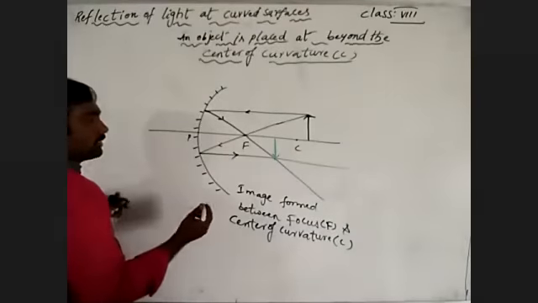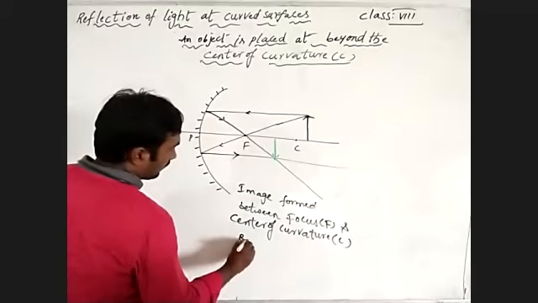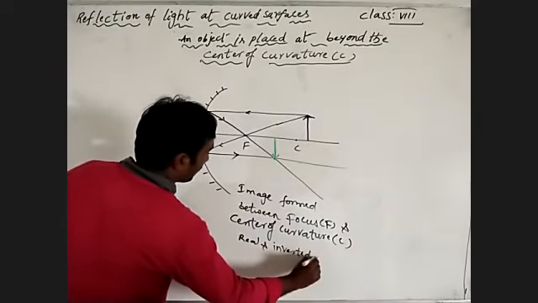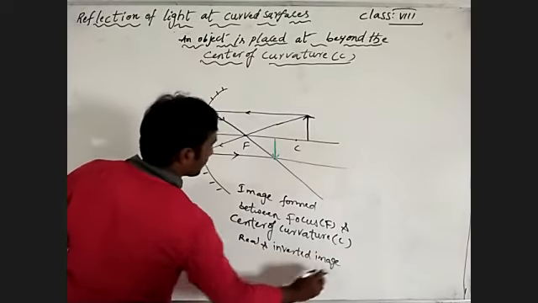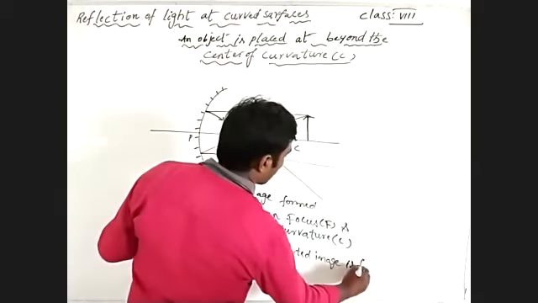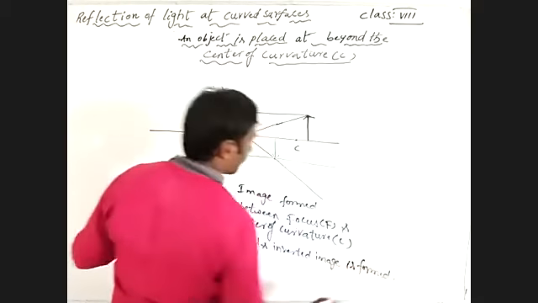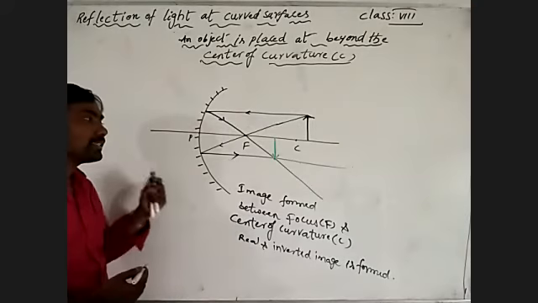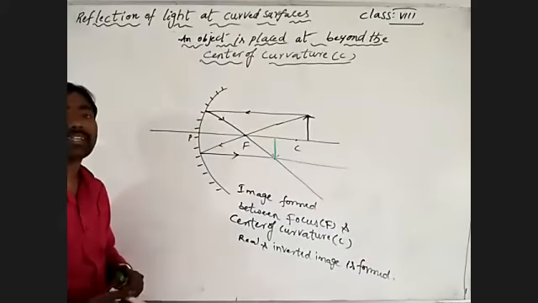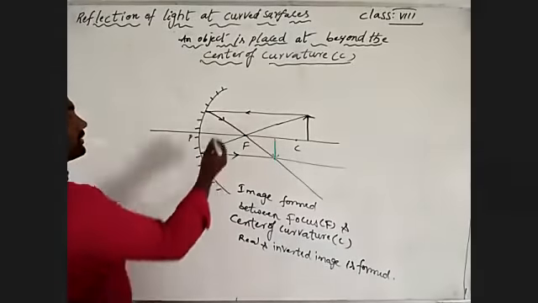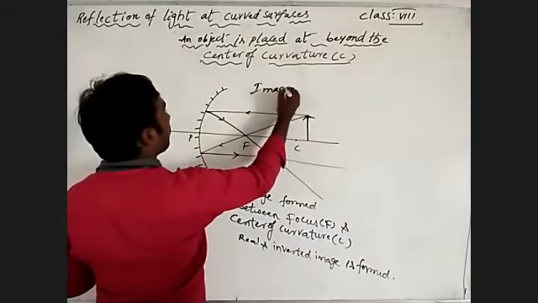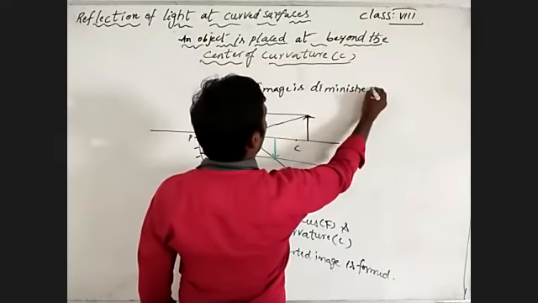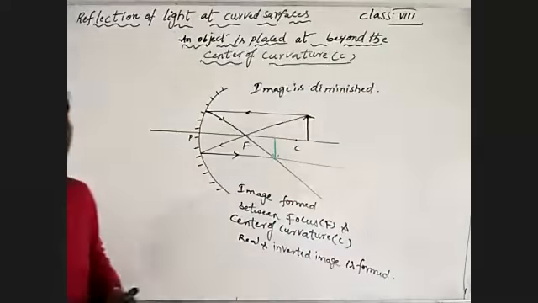And of course, a real and inverted image is formed. And also, what is the character of the image? It is a diminished image. This type of word, where did we learn it?